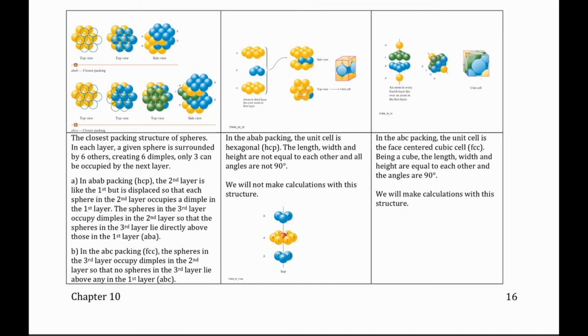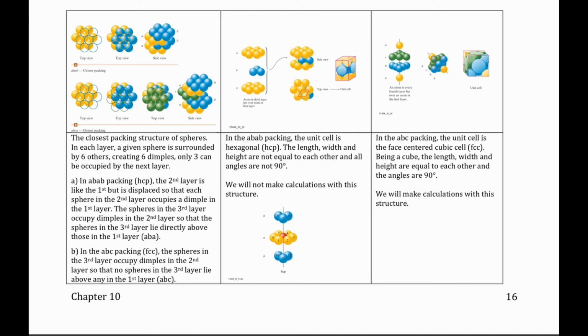In the upper row, that's the hexagonal closest packing, the HCP one, also referred to here as the ABAB packing. The second layer is like the first layer, so the second layer being the blue layer. So the second layer is like the first layer but displaced so that each sphere in the second layer occupies the dimple in the first layer.